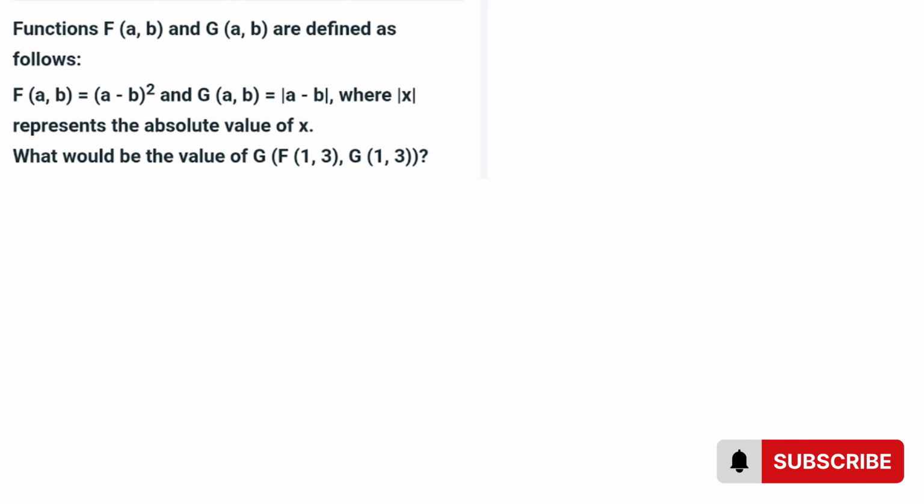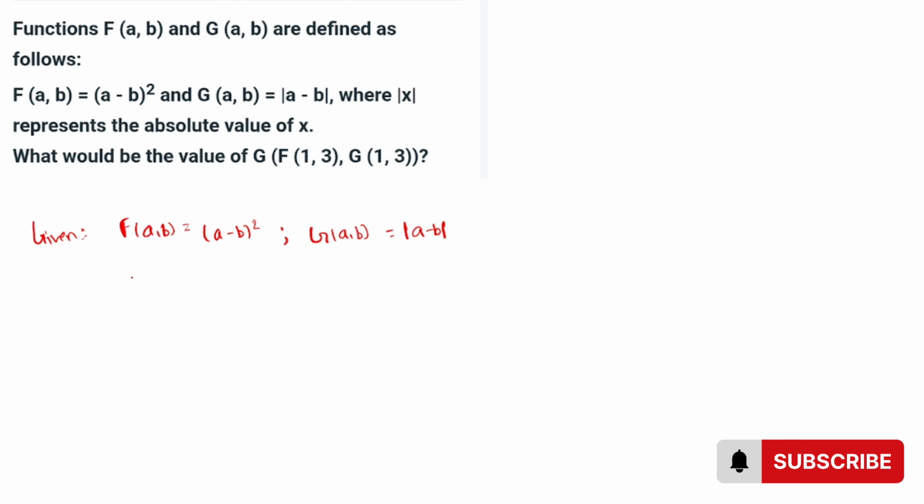Then find g of f of 1/3 and g of 1/3. Given f of a, b equal to (a minus b) whole square and g of a, b equal to mod of a minus b. So put these values in the equation and get the solution.